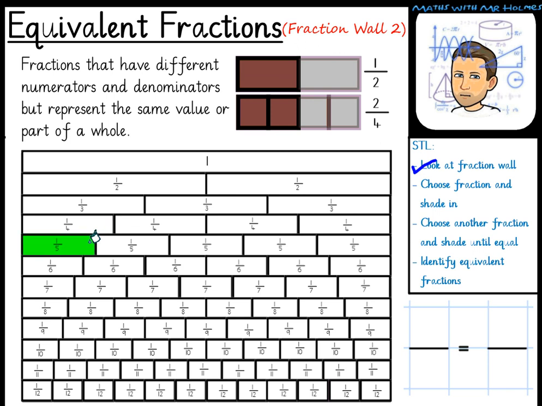Remember, we have a non-unit fraction, so I'm going to choose 1, 2, 3, 4 this time. On to step 3, where I'm going to choose another fraction. It needs to be shaded in until it's equal.